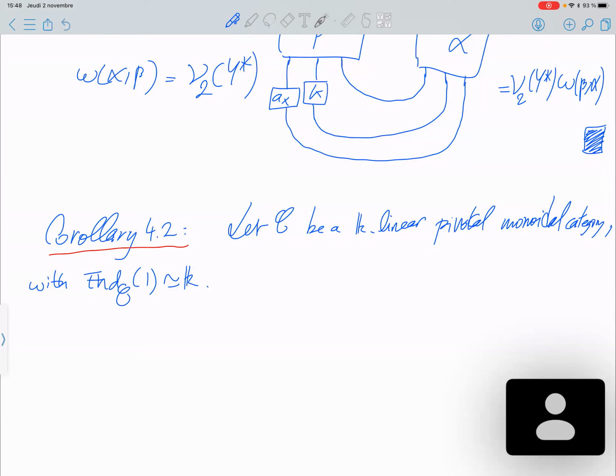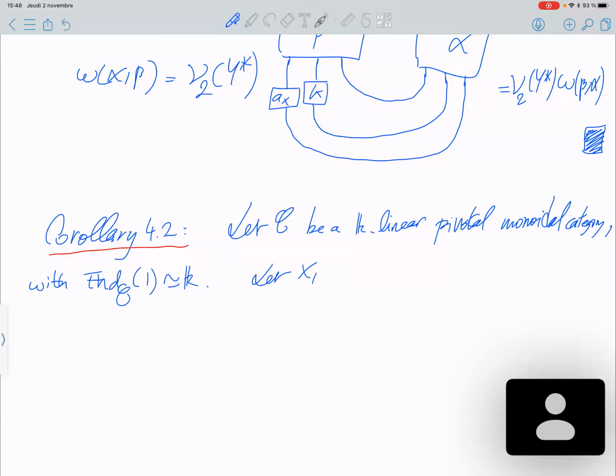Consider two objects, X and Y, such that the Hom space between Y tensor Y star and 1 is one-dimensional, and the bilinear form as defined in previous proposition is non-degenerate. Then we will be able to state something as for theorem 1.1. If the Hom space between 1 and X tensor Y tensor X star is odd dimensional, then the second Frobenius indicator of Y star is equal to 1.